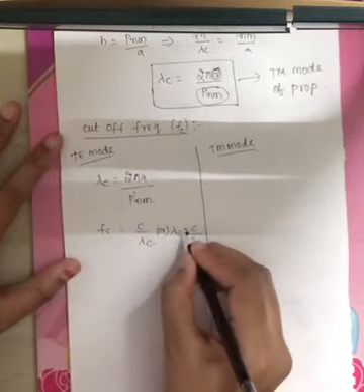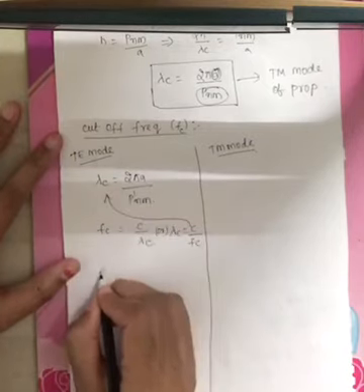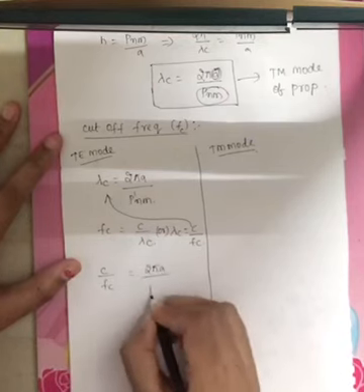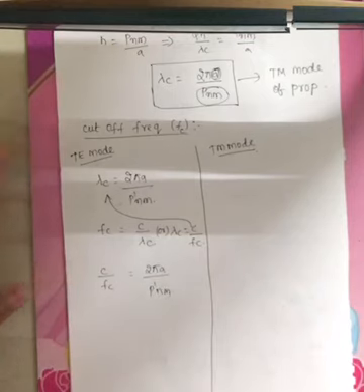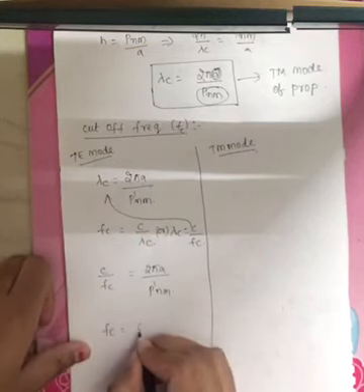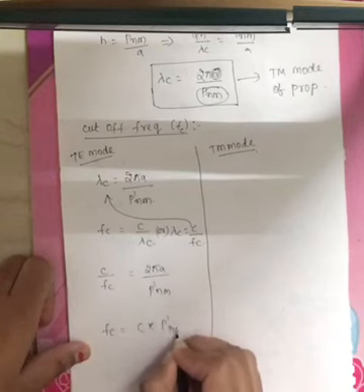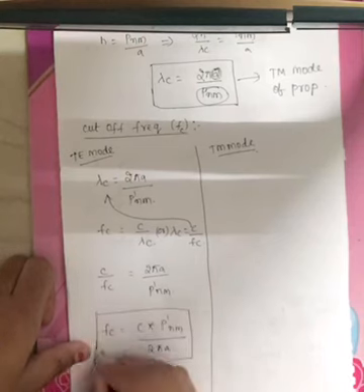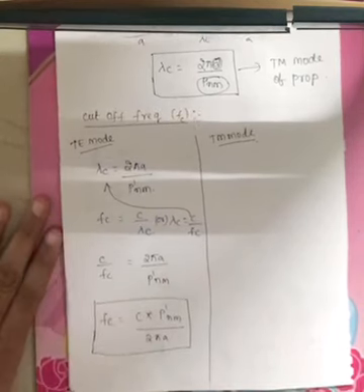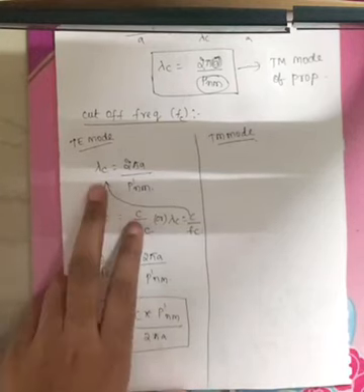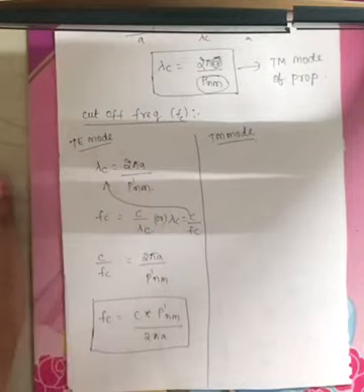Substituting lambda c equals c by fc, c by fc equals 2 pi a by p dash nm. From this expression, fc equals c into p dash nm by 2 pi a. This is the expression of cutoff frequency for TE mode of propagation.